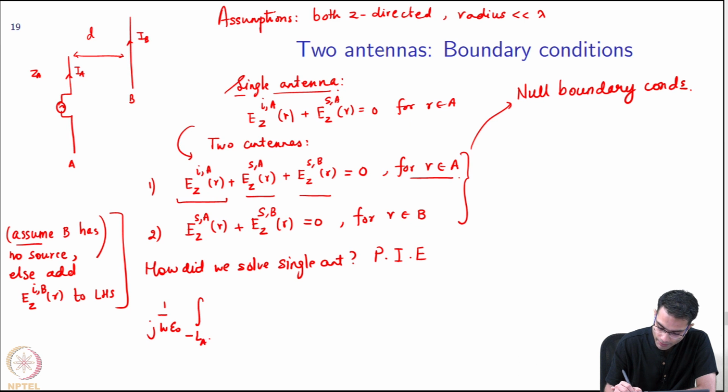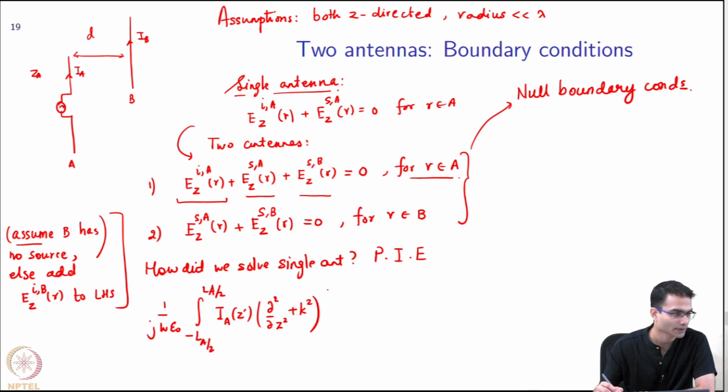Integral from minus L_A/2 to L_A/2 of I_A(z') times (d²/dz² plus k²) acting on the Green's function, which was a function of z and z', dz', and this whole thing was equal, by boundary conditions, to minus Ez incident at z. Right? This was our very simple thing.